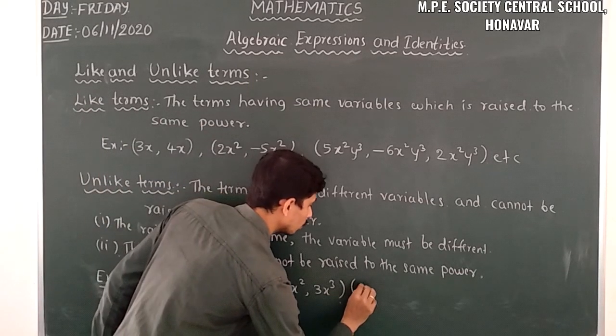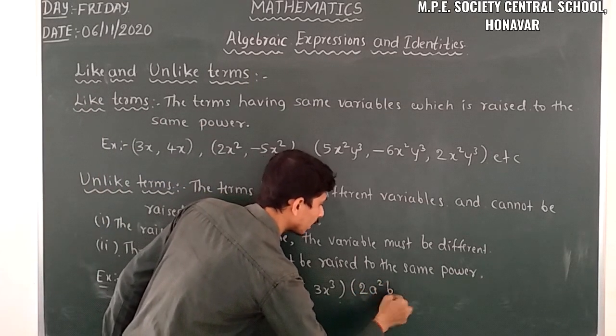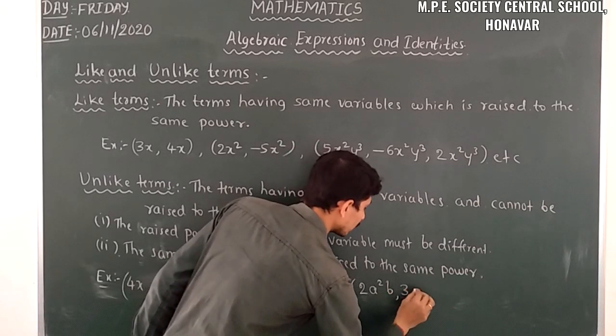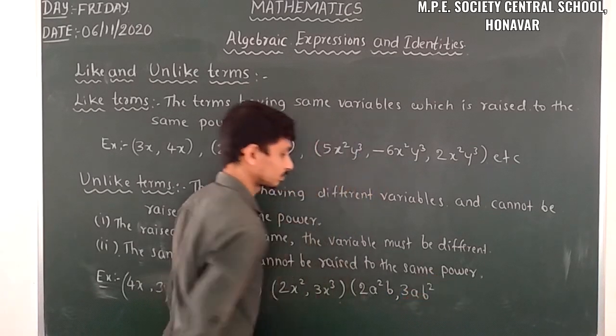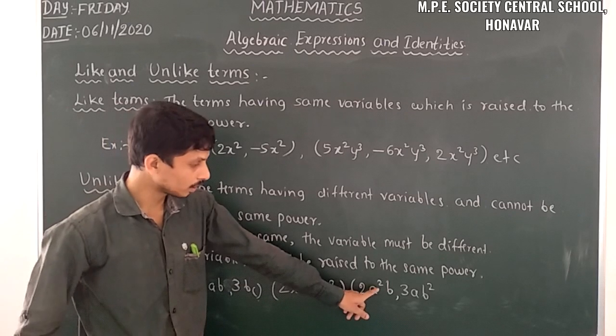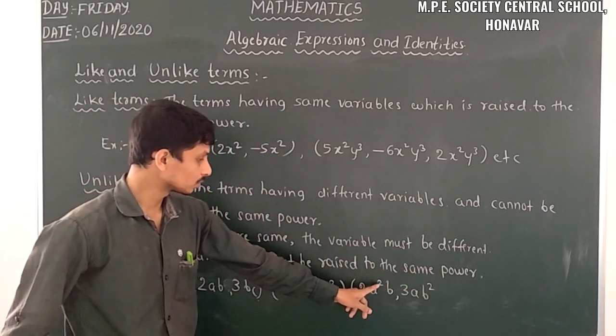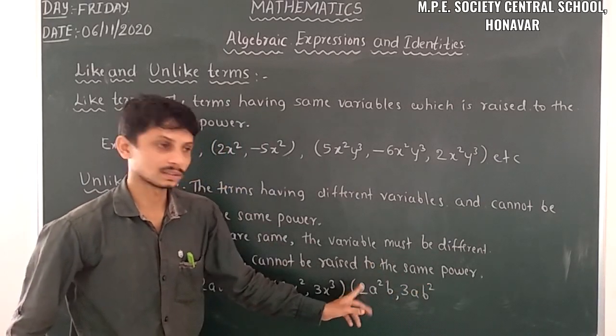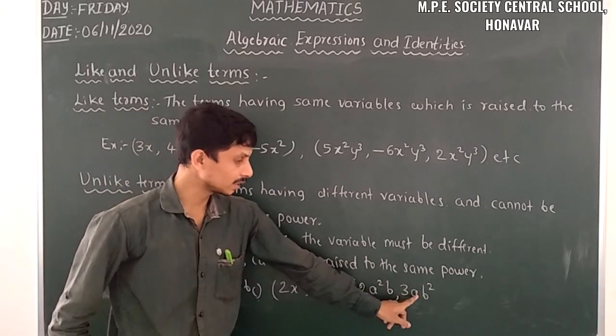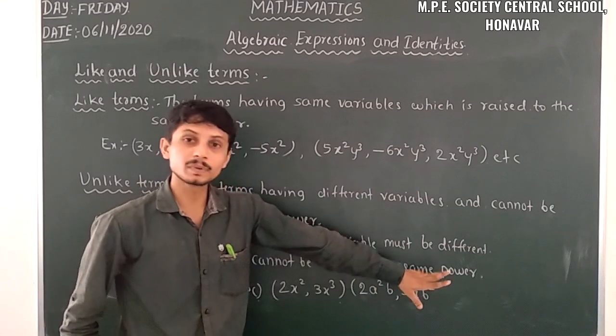Sometimes 2a square b and 3a b square. Just observe, here we use a and b, but the powers are different. Here a is there, here a square is there; here b is there, here b square is there.